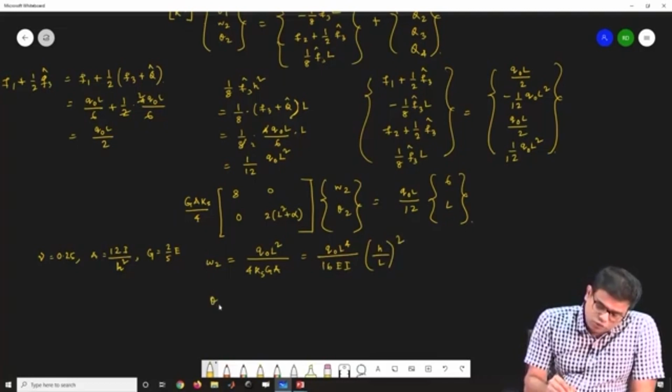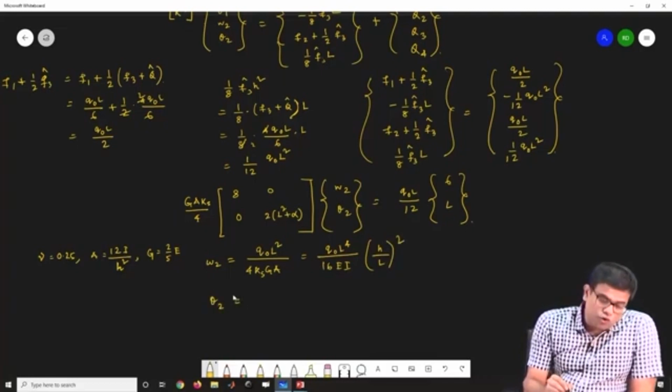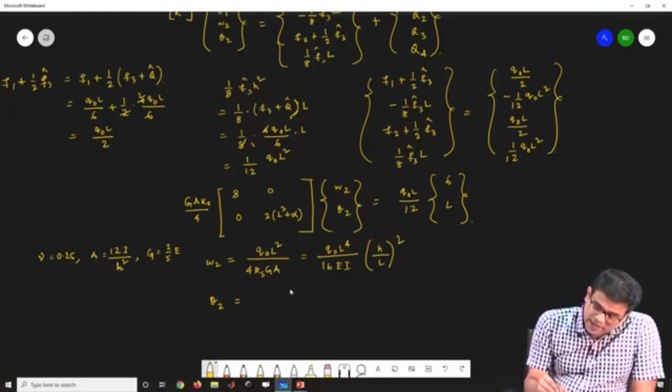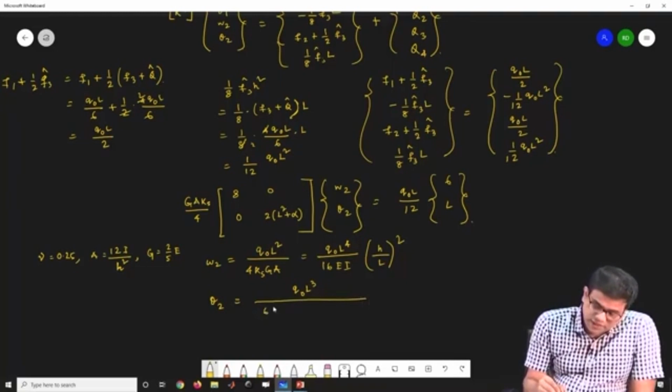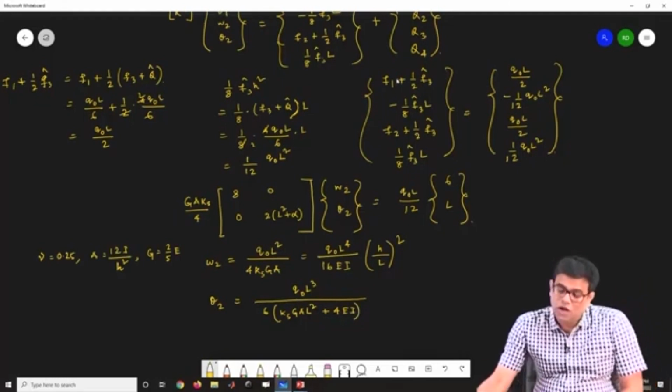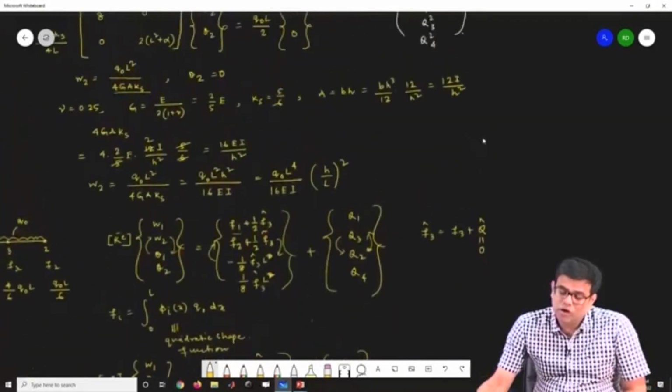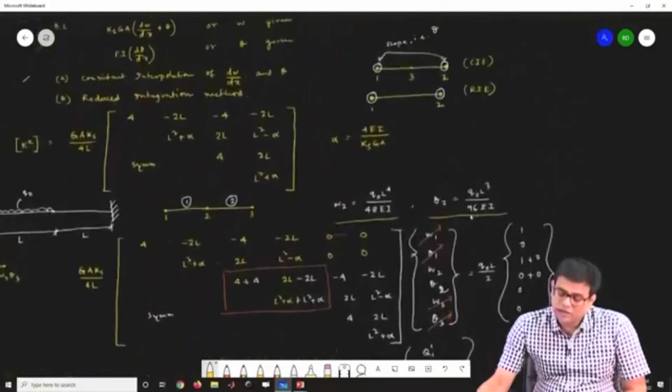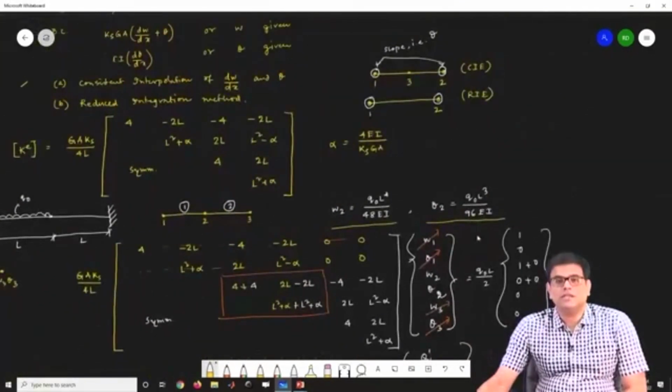And theta 2, which was earlier 0, what we will get is essentially Q0 L cube divided by 6 into kappa S G A L square plus 4EI. So you see that the expression is not simple. While from the Euler-Bernoulli beam theory, you will get Q0 L cube by 96 EI.